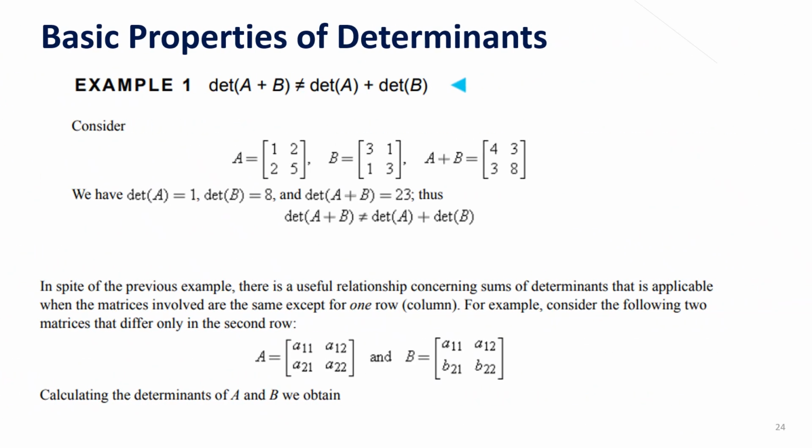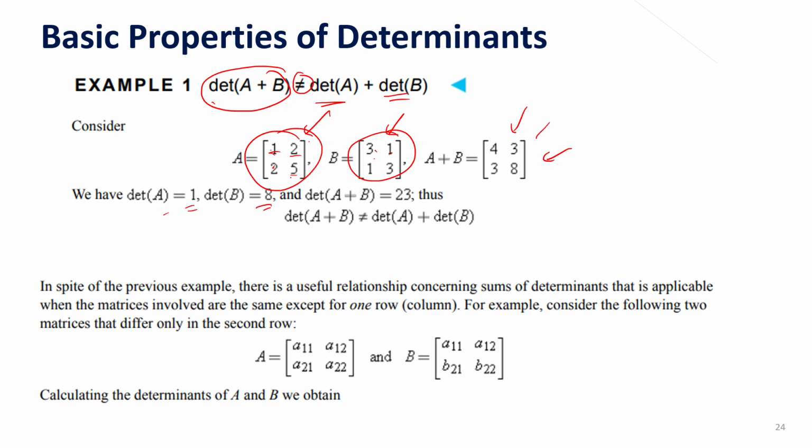Okay, here we can see an example of how the determinant of A plus B will not be equal to determinant A plus determinant B. For example, here A is 1, 2, 2, 5, and B is 3, 1, 1, 3. A plus B is 1 plus 3, 2 plus 1, 2 plus 1, 5 plus 3. We get this matrix. The determinant of A here is 1 multiplied by 5 minus 2 multiplied by 2, so 5 minus 4, which is 1. The determinant of B is 3 multiplied by 3, 9, minus 1, which is 8.